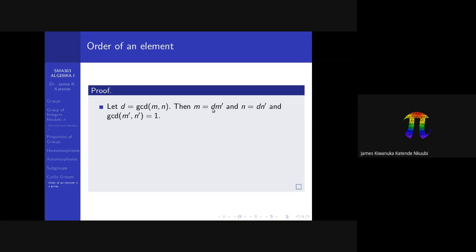Now, if D is the greatest common divisor, then M prime and N prime cannot have a common divisor bigger than 1. Otherwise D will not be the GCD. So we must have that the GCD of M prime and N prime is equal to 1.